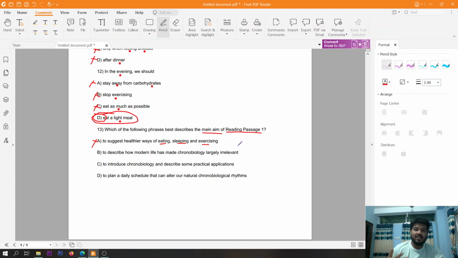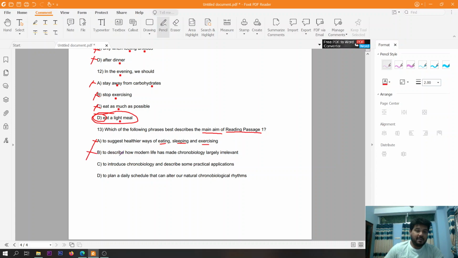It just tells us when to eat, when not to eat, or how much to eat or how little, just a modest way, which is not a very clear way of mentioning the healthier ways in detail. It's the same for sleeping and exercising as well. It's very brief.